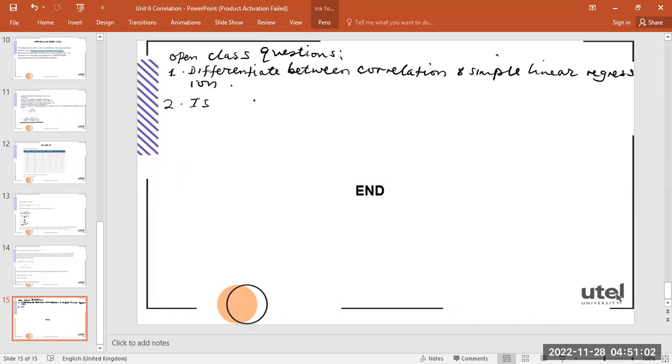And then the second question says: is Pearson product moment sensitive to outliers?